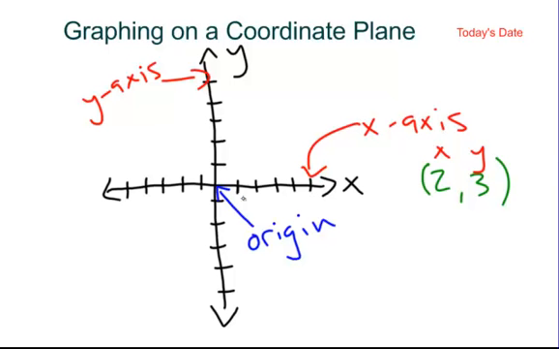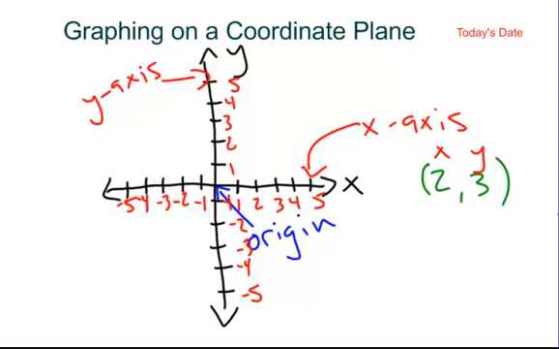And if you want to number these, this is 1, 2, 3, 4, 5, and then this would be -1, -2, -3, -4, -5. Just like a number line, to the right is positive, to the left is negative, and then in the y-axis going up is positive, and going down is negative. So as you can imagine, our origin's actually at 0, 0.